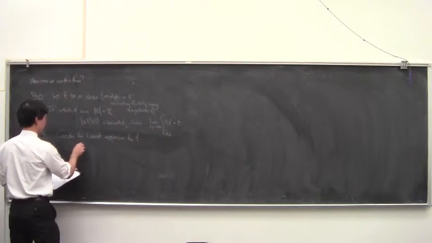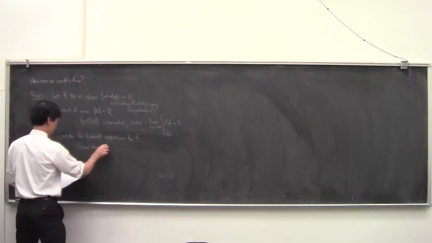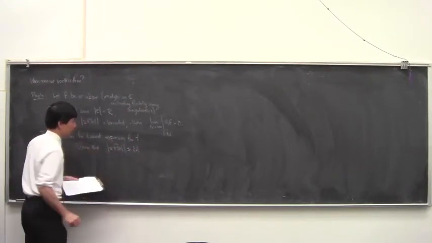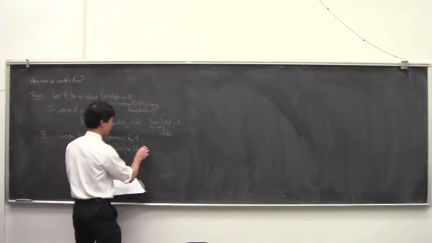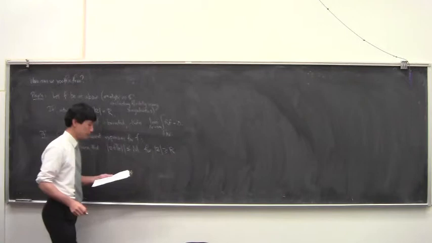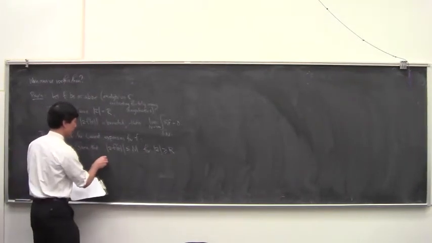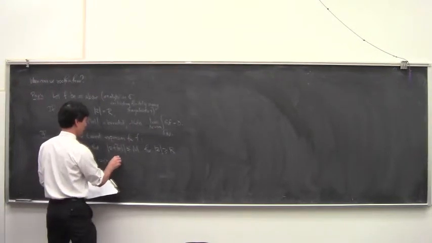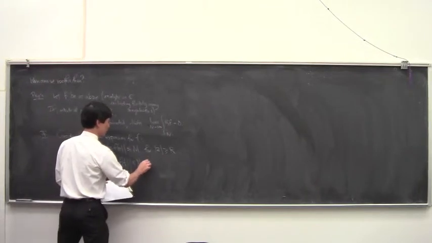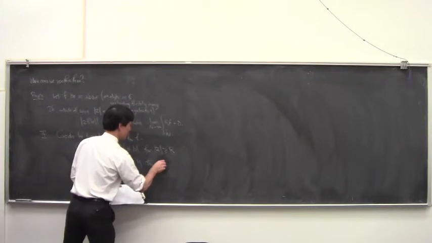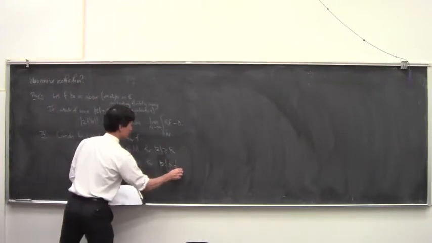We're given that this is bounded for all z outside of some disk, right? So that tells us that if we look at f of 1 over z, that's bounded for z less than 1 over r.